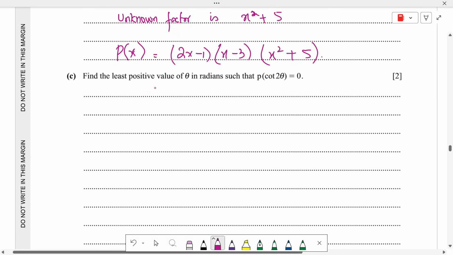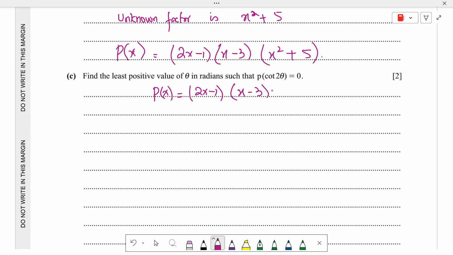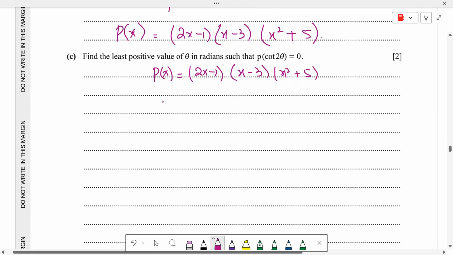Okay, we know that p of x is 2x minus 1, x minus 3, and x square plus 5. This is the factorized form of p of x. Just plug in x equal to cot 2 theta, so p of cot 2 theta is equal to 0.